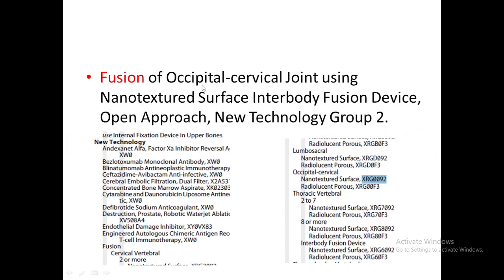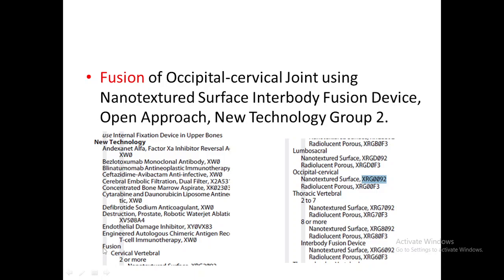Next, fusion of occipital cervical joint using nano-textured surface interbody fusion device, open approach, and new technology. Whenever there is a mention of new technology, you should code from the section new technology. So you can use the term new technology here, and under new technology search for fusion.